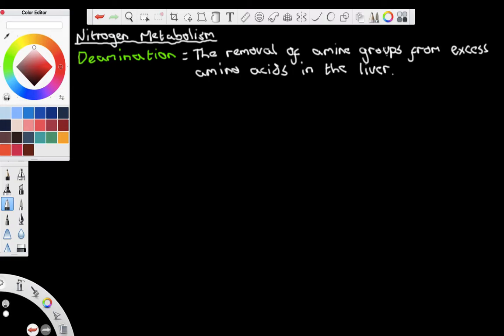Okay? Now, what's important to understand is that the body can't store excess amino acids or proteins. Therefore, they have to be broken down in deamination.